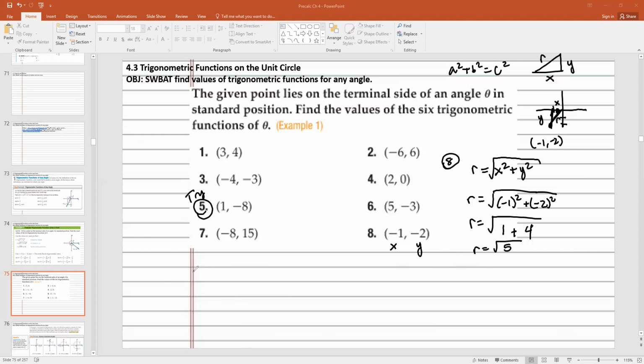Now let's plug those in. Sine of theta first, remember, is y over r. In this case it's -2 over the square root of 5.